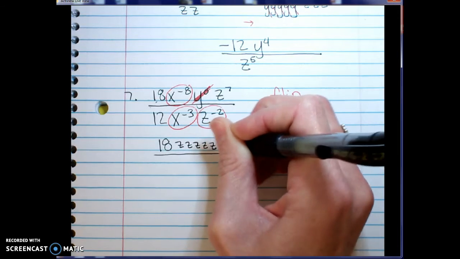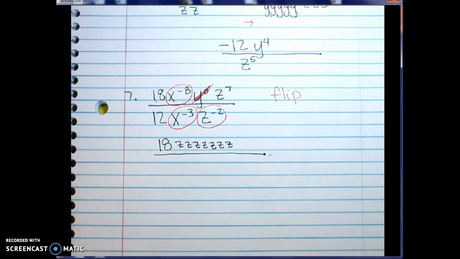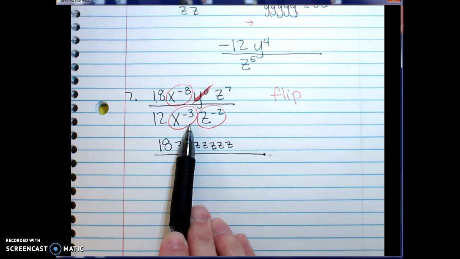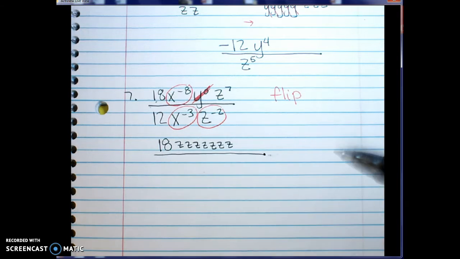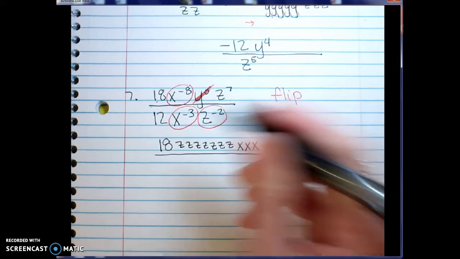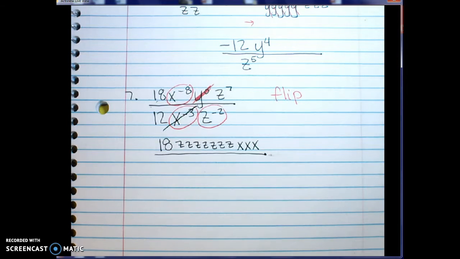6, 7. Okay, now I'm going to look at my denominator to see if there's anything that I circled that needs to go to the top. So if I go through the denominator, the 12 wasn't circled, so I'm not going to move it. The x's were circled, so I'm going to move those up to the top. I'm going to list those 3 x's in the top. I'm also going to put a little slash through it to remind myself that I moved those already.